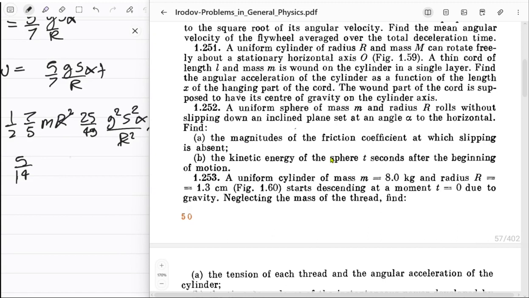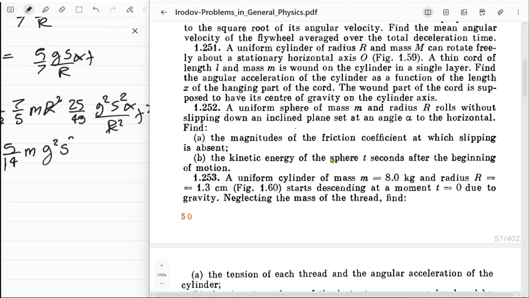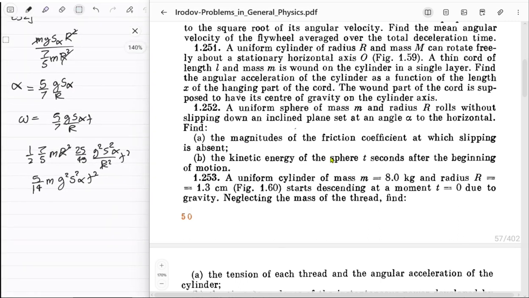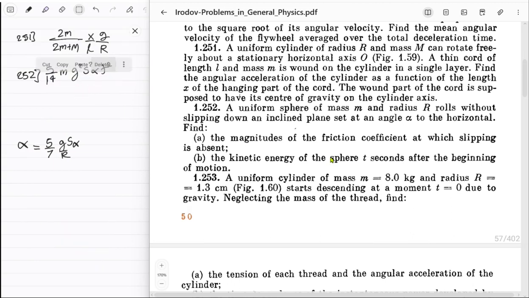This cancels, just got m g squared sine squared alpha times t squared. Yeah, that's the thing. So that's part B. Actually, just leave alpha like that. So B done. Let's go to the first part.